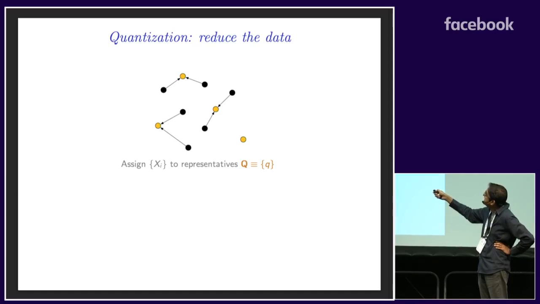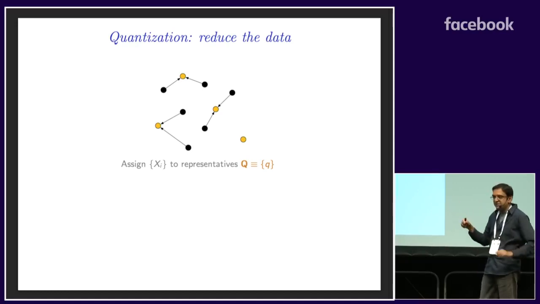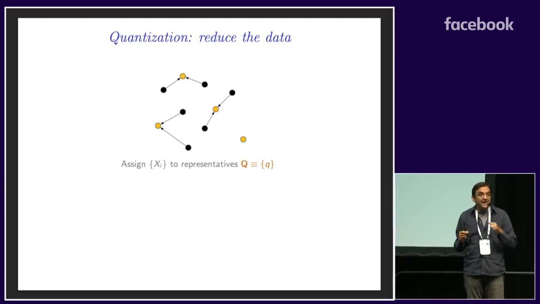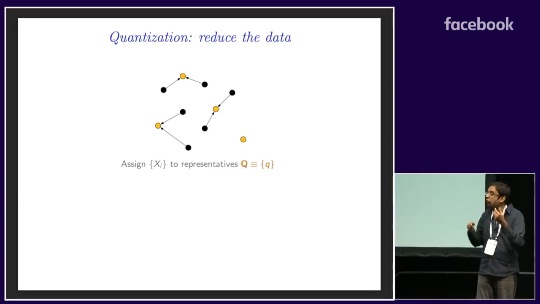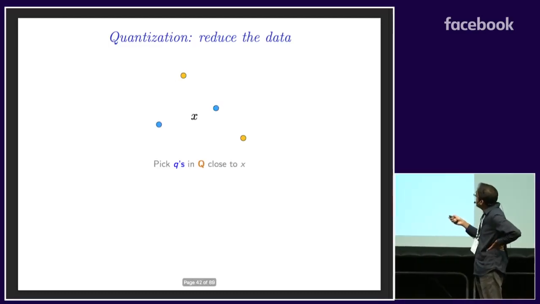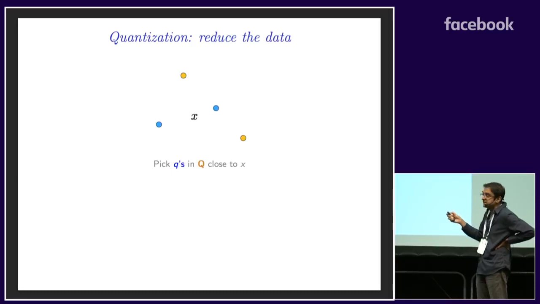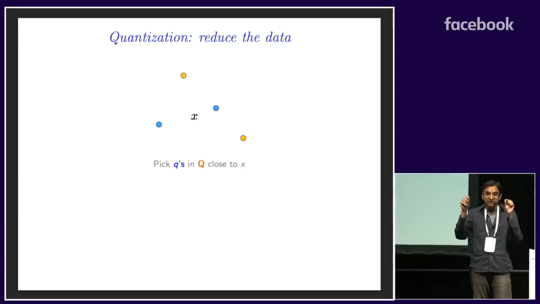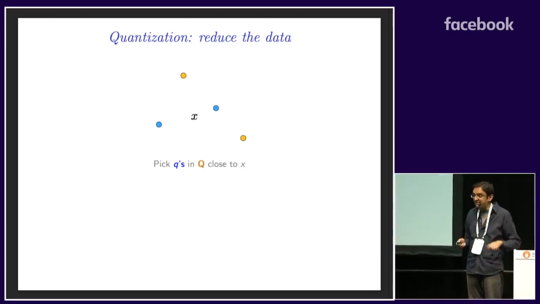And we replace this guy's label with the average of their labels. So we keep just a few of the points, but we tweak their labels. We replace their label with the average label of all the points that were assigned to them. Now, when it comes time to classify a new point, we just pick the closest, either the one nearest neighbor or k nearest neighbors of the few points that remain.